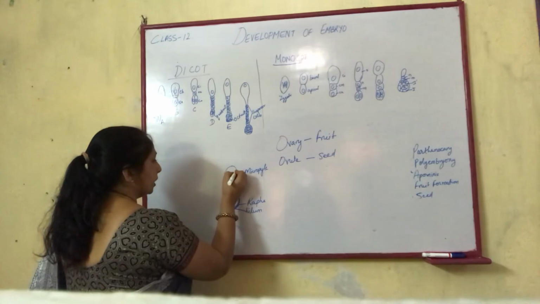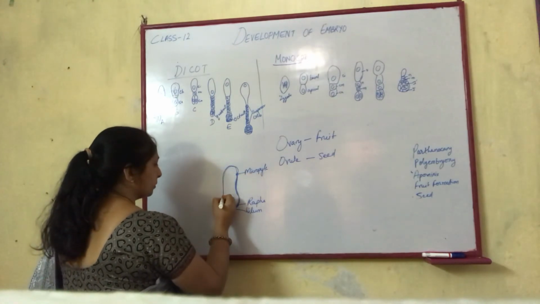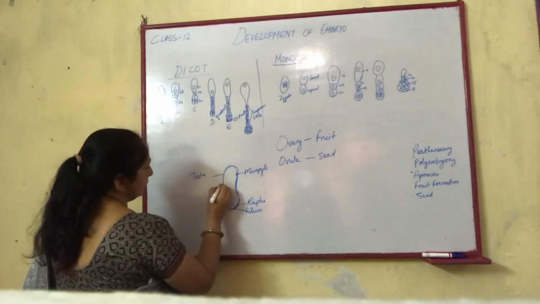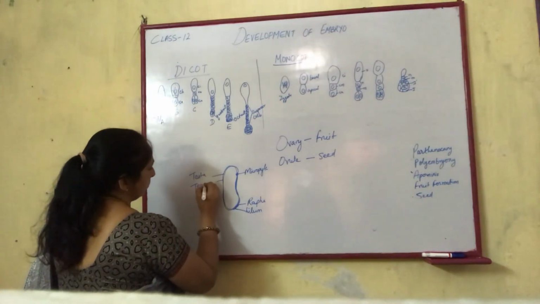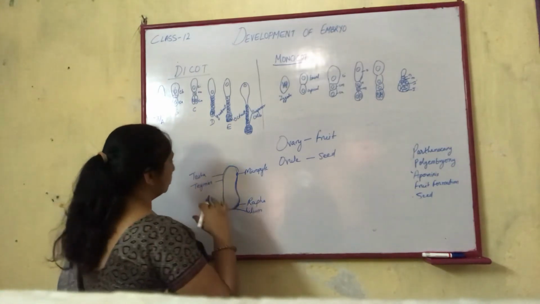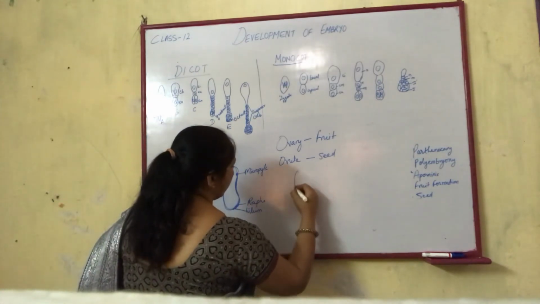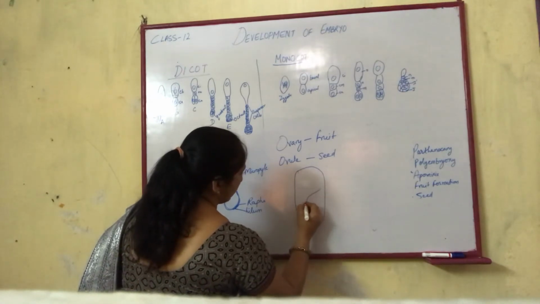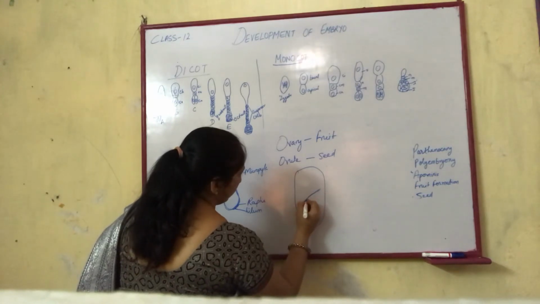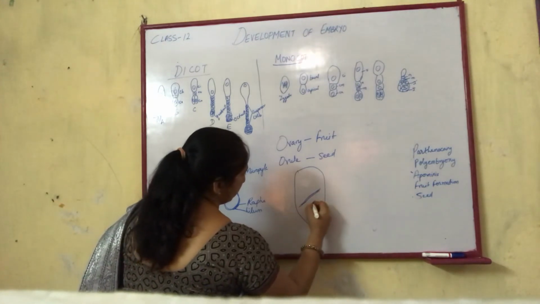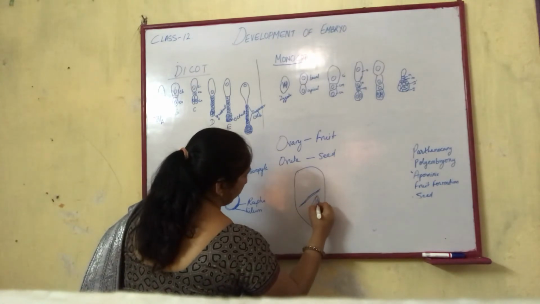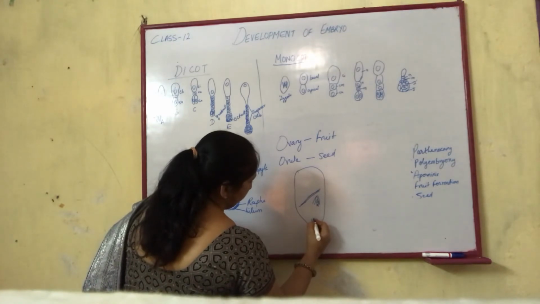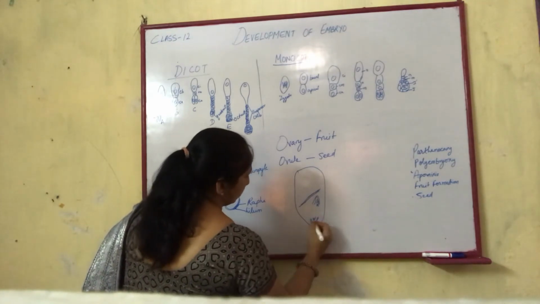In the seeds there are two layers. Outer is the testa, inner is the tegmen. In the monocotyledonous seeds, there is an epidermal layer, between here the coleoptile and the plumule, and in the lower portion the radicle covered with the coleorhiza.